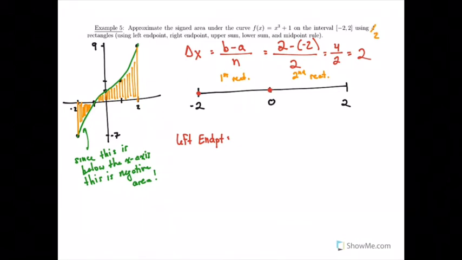So when we're calculating this area, we're going to have delta x times f of -2 plus f of 0. Delta x is 2 in this case. f of -2 will give us a -7, and f of 0 will give us a 1, and this will give us a -12 units squared.